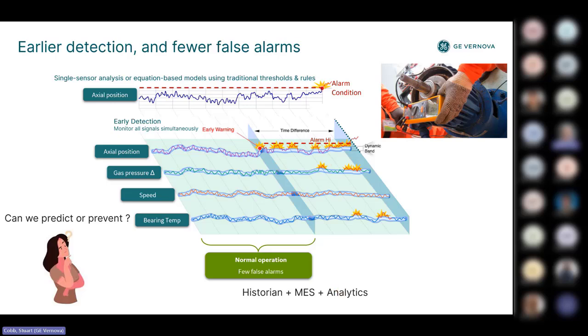So that's the idea behind using machine learning analytics, to give you these early warning indications that you might have an issue with either an asset or maybe a manufacturing process as well.